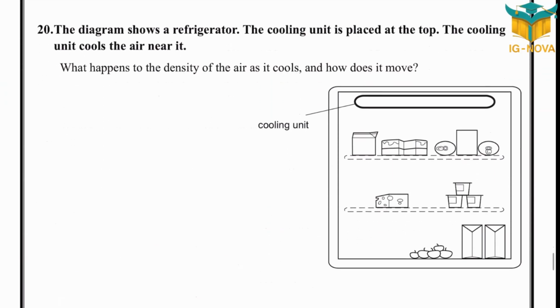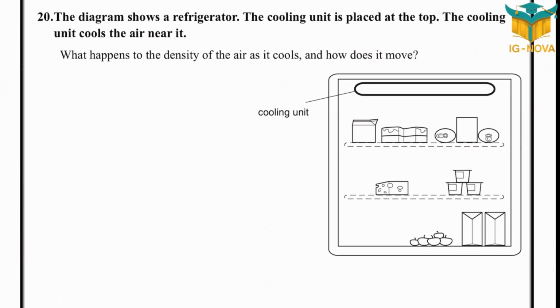Question 20. The diagram shows a refrigerator. The cooling unit is placed at the top. The cooling unit cools the air near it. What happens to the density of the air as it cools and how does it move? Cooling unit at the top.